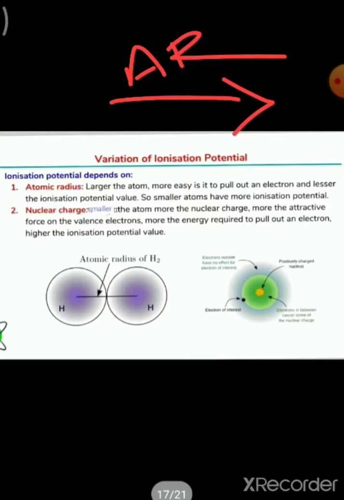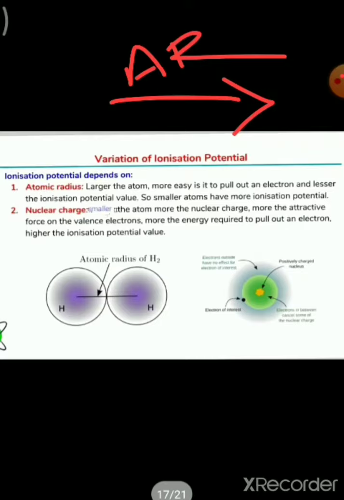So why is it so? You know, because the number of shells remains the same, but your valence electrons increase in each step. That's why your atomic radius decreases and your nuclear charge increases.